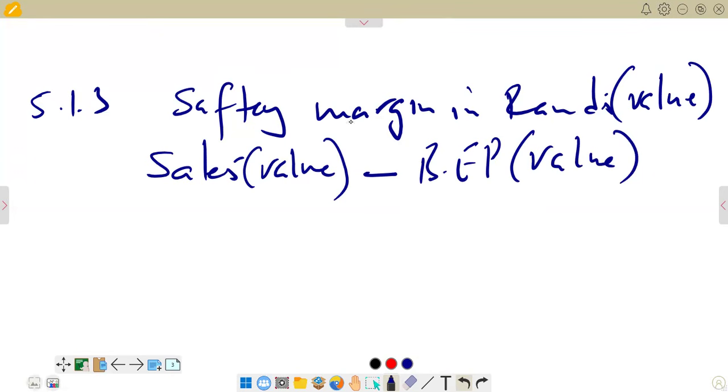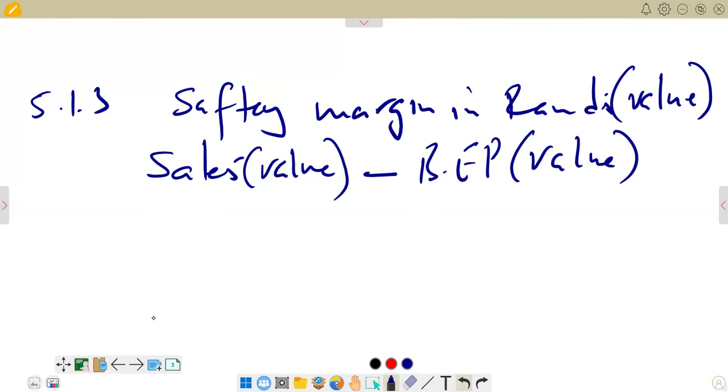Then we get our safety margin in rands, which is a value. If it's the safety margin in number of units, we are just going to say the production level minus the break-even point in units, if you want to find the safety margin in units.